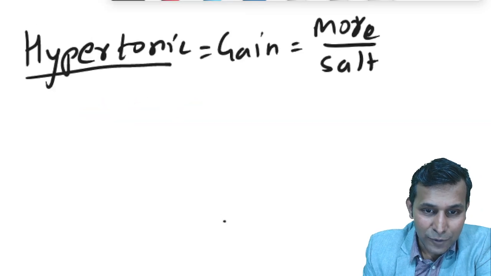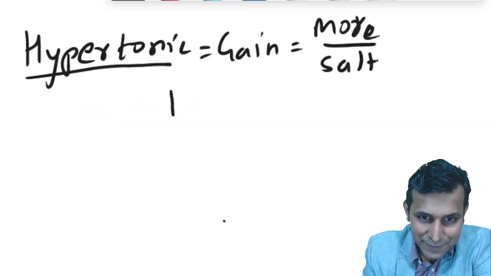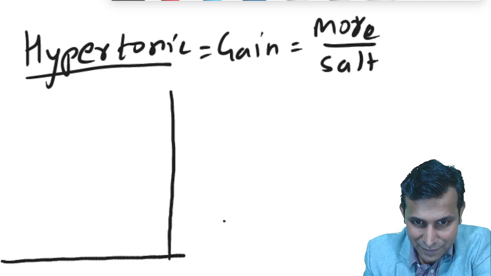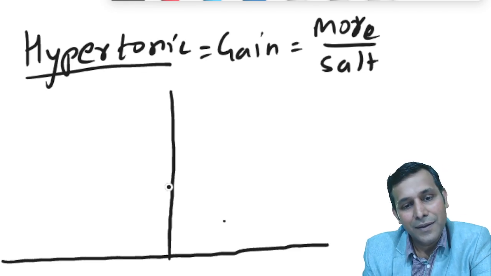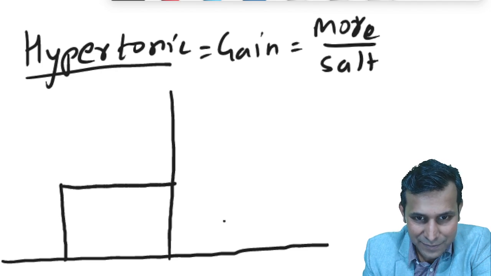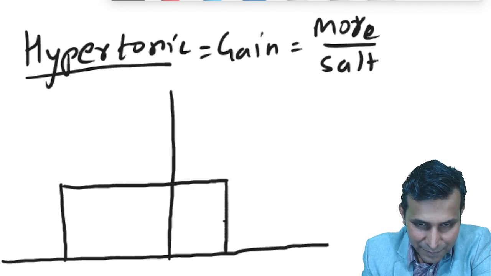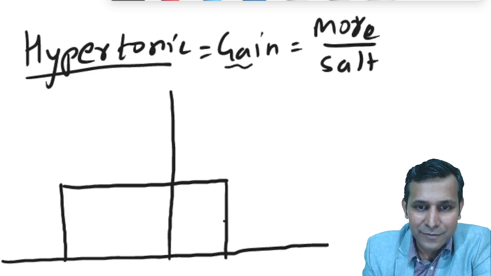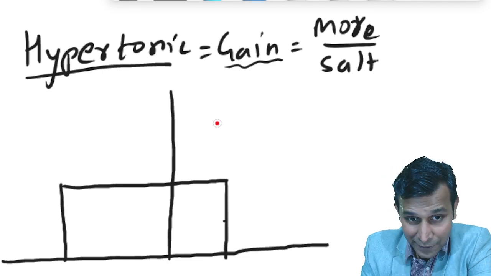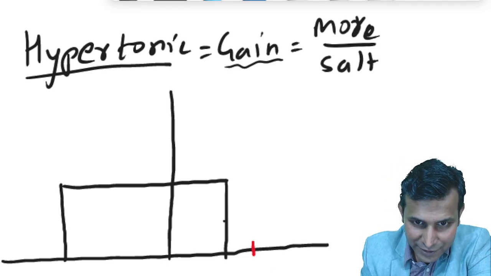Let us draw the normal plot first. Again we have the ICF compartment, and then we have the ECF compartment. First of all we will see the gain. The person is gaining, so gain means the ECF volume is increased.